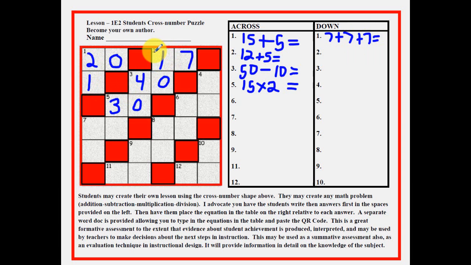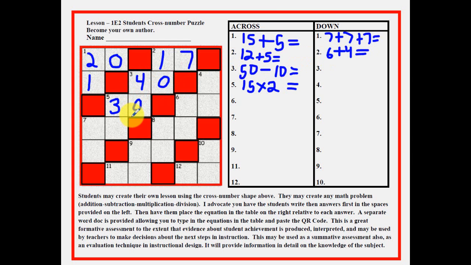Okay, but look at number 2 down. The answer is already given. So you could say, very simply, 6 plus 4 equals. So you can see the 1 down is already created for us.